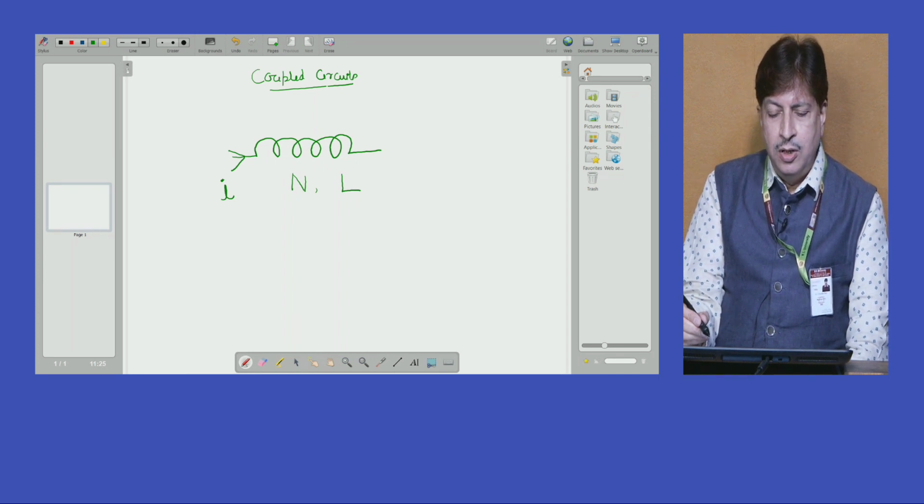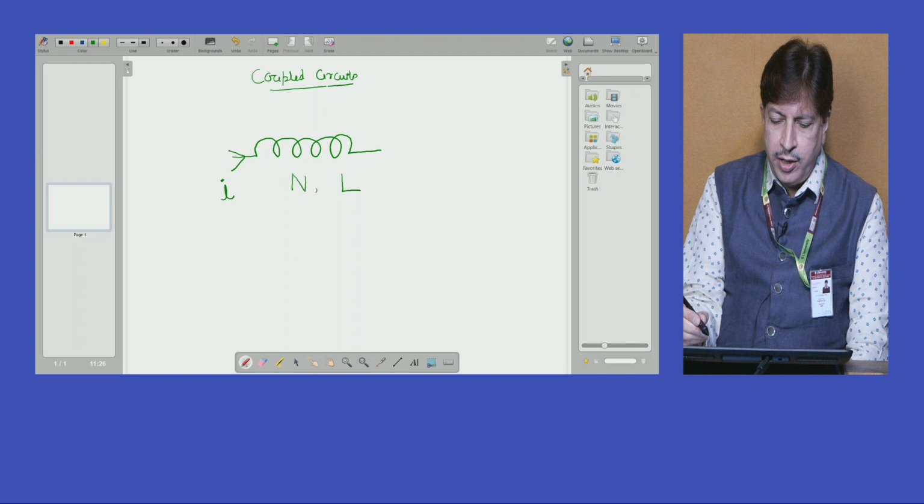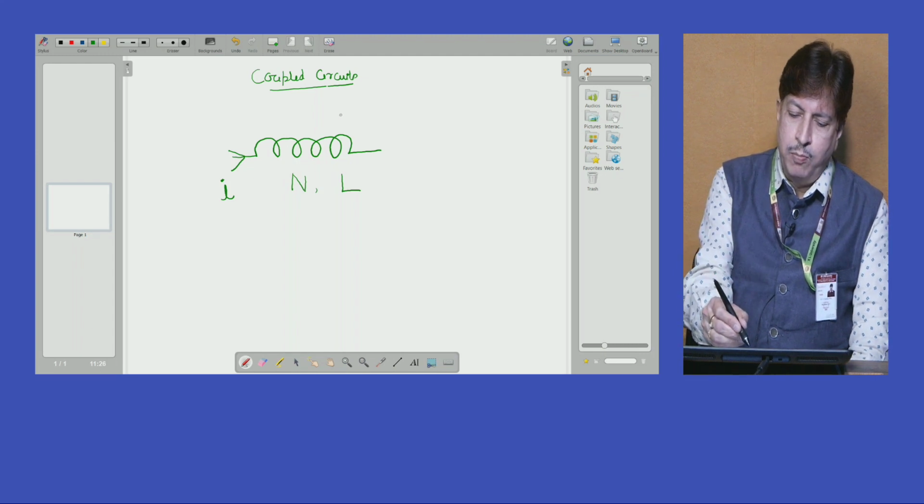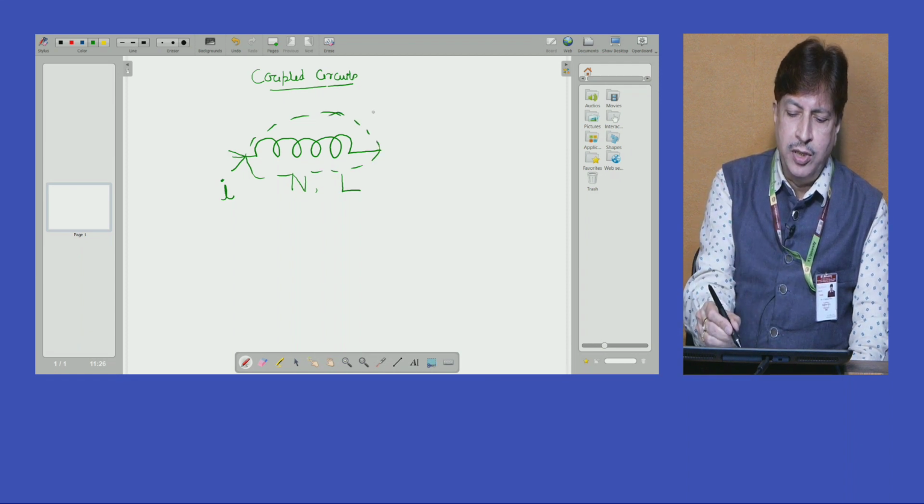Now, there will be an EMF induced in the coil because of change of current through the coil or because of change of flux associated with the coil.